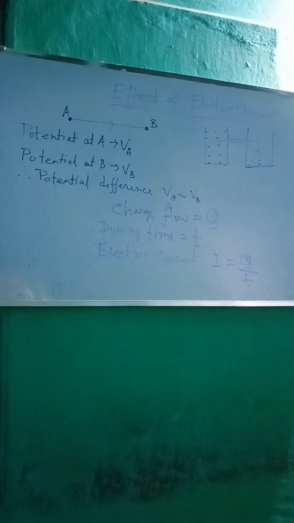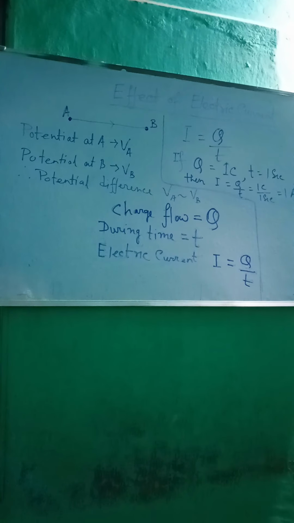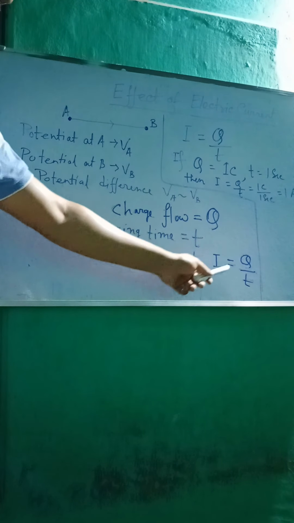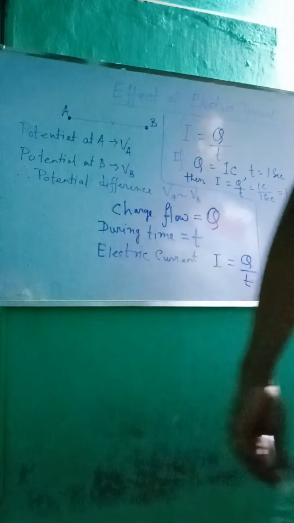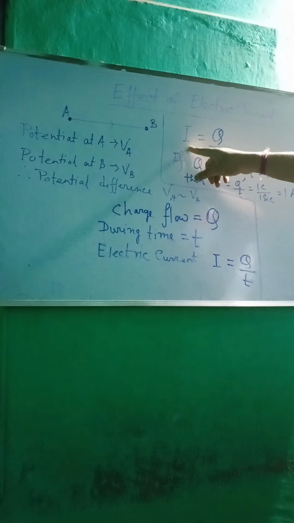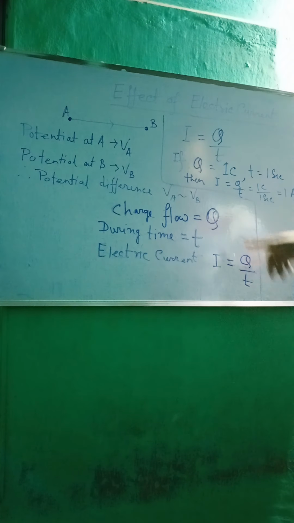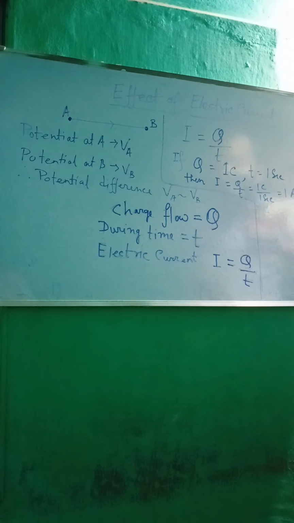Now we will define the term ampere. Is it clear? The charge flow Q during time T, electric current I is equal to Q by T. Now we define the unit of current flow. Suppose Q is equal to 1 coulomb and T is equal to 1 second.